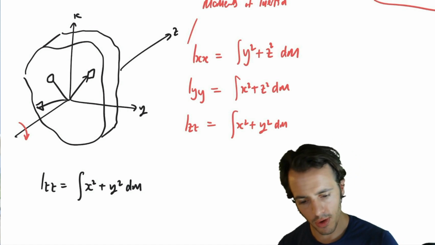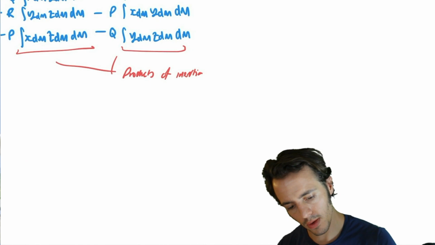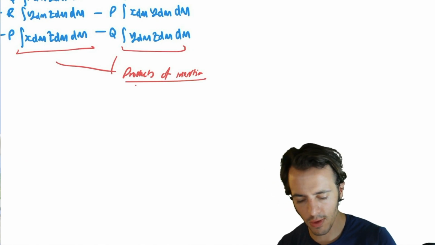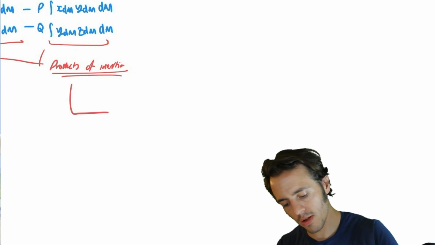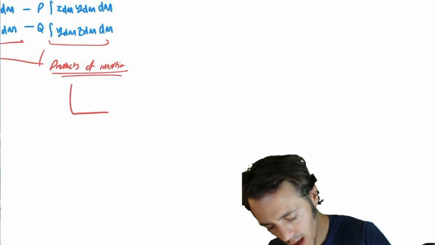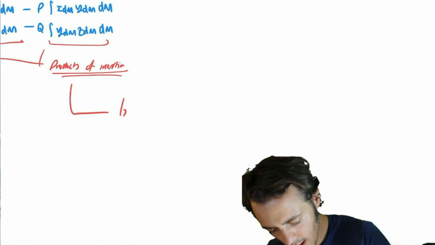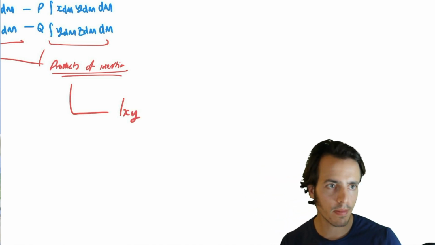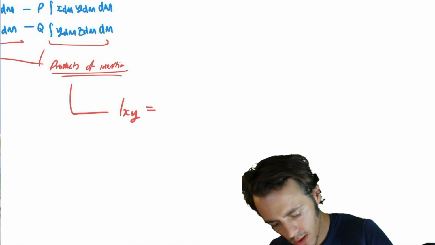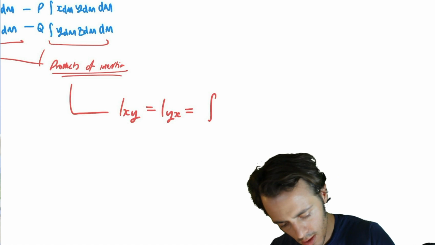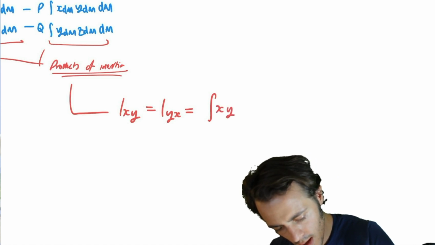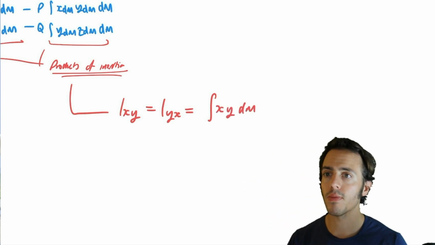We've also got the products of inertia as well. Products of inertia are slightly harder to grasp than moments of inertia. So let's just do a little reminder of what they are. These are Ixy, which would be equal to Iyx, and this would be equal to the integral of xy dm.